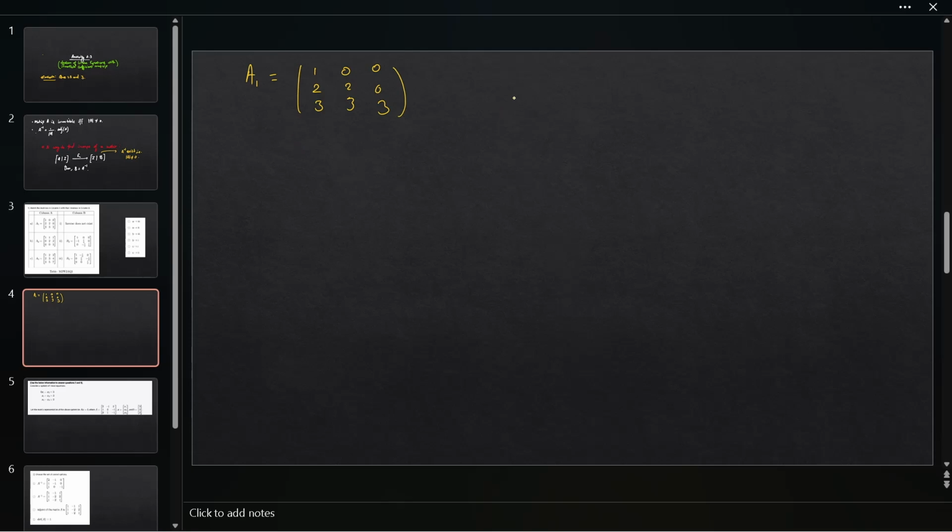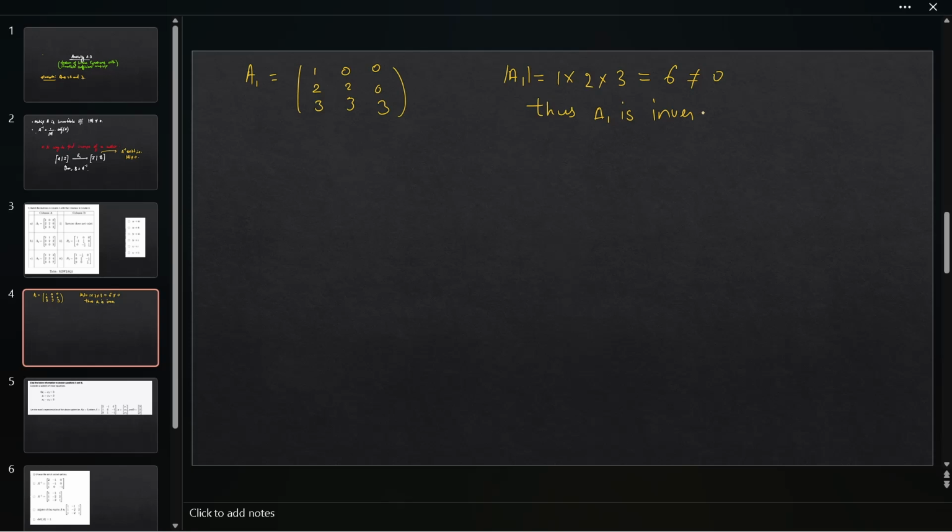But before that, we have to check whether the inverse exists for A1 or not. To do that, we find the determinant of A1, and since it is a triangular matrix, its determinant is just the product of the diagonal elements, which is 1 multiplied by 2 multiplied by 3. That gives us 6, which is not equal to 0. Thus, A1 is invertible.